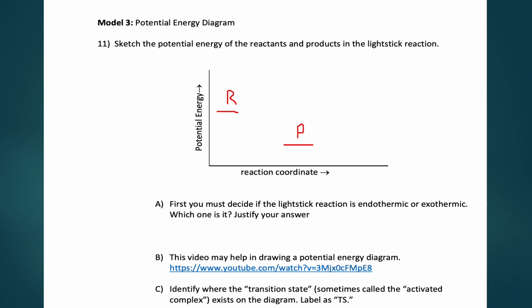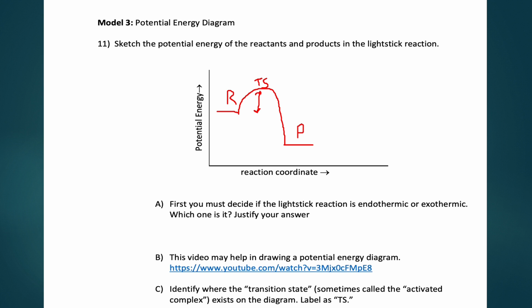And in the reaction pathway, we would have something come up here showing that the first thing that has to happen is energy has to go into the system to cause the transition state to take place, and we call this energy from the reactants to the transition state the activation energy for the forward reaction.